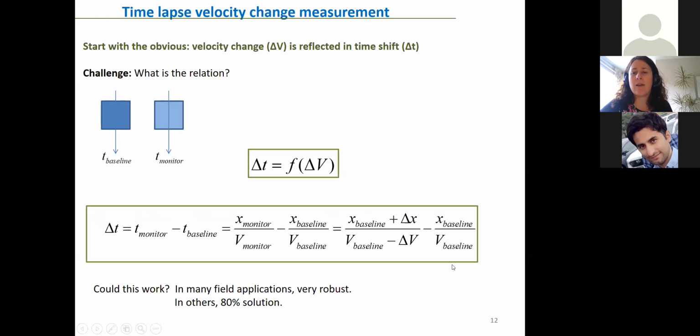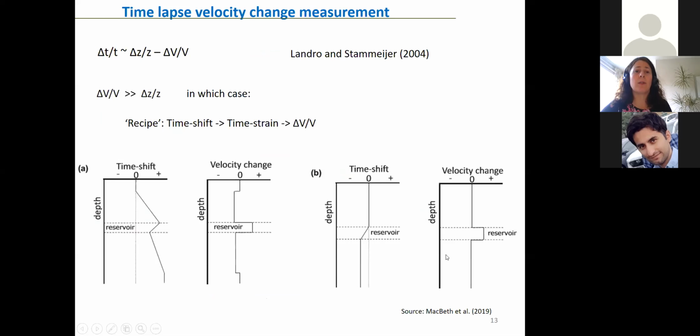Of course, we have delta x as an unknown and delta v as an unknown. So what Landrø and Stammeijer suggested, if we have zero offset, we can really write delta t, so this is time shift divided by time, is equal to approximately delta z over z minus delta v over v.